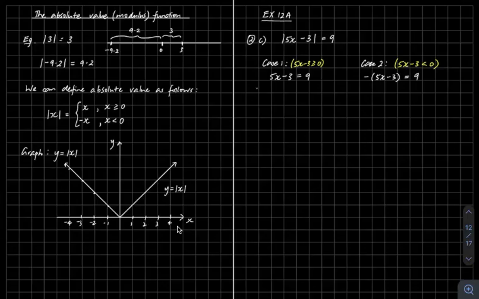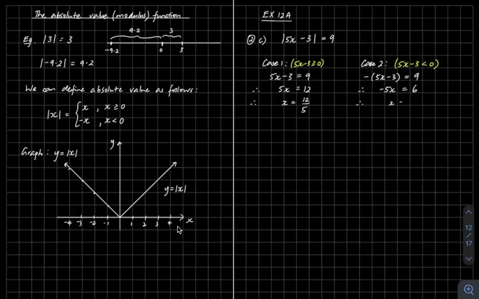So solving these two cases here, we get 5x equals, what's that, 12. So therefore one solution would be x equals 12 over 5, or 2.4. And the other solution here would be when negative 5x equals, what's that, 9 minus 3 is 6.